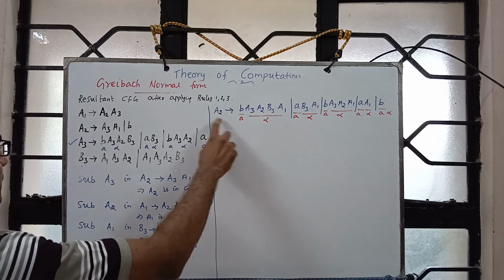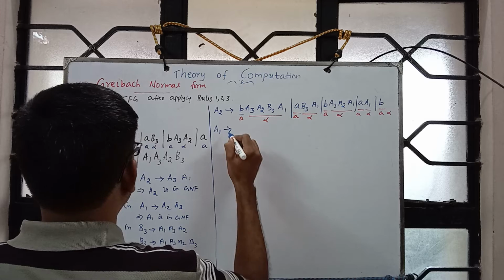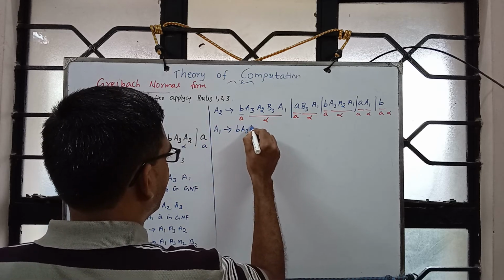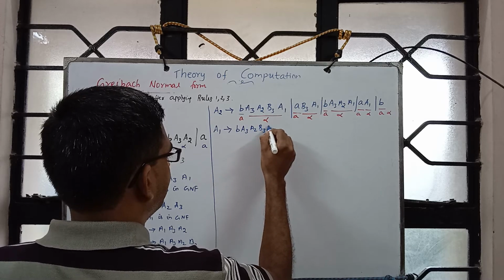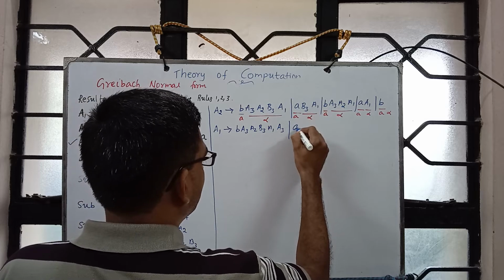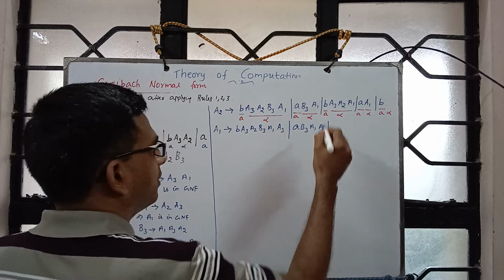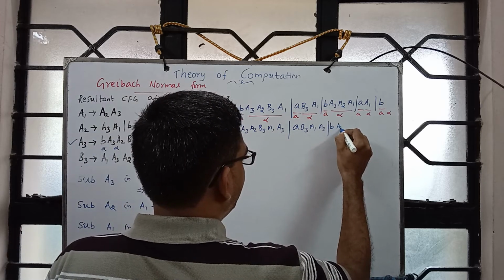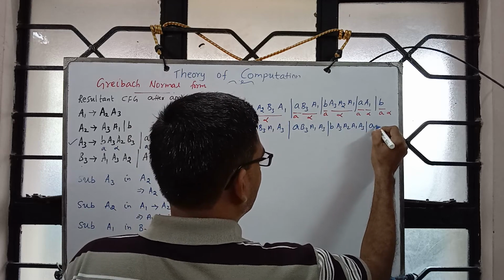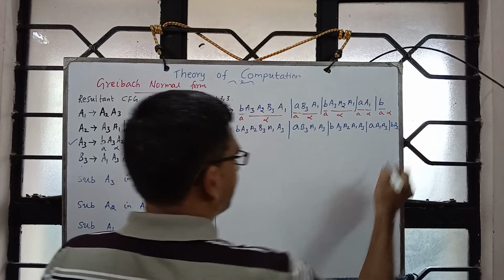Now substitute this in A1. Now A1 becomes A2 A3, which means we get B A3 A2 B3 A1 A3, or substitute A B3 A1 A3, or substitute B A3 A2 A1 A3, A1 A3, B A3.